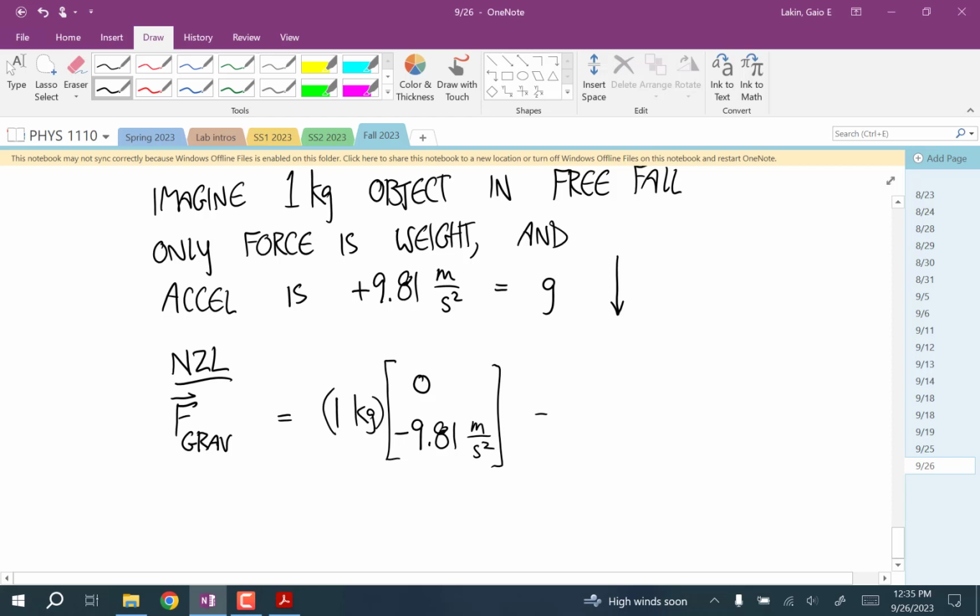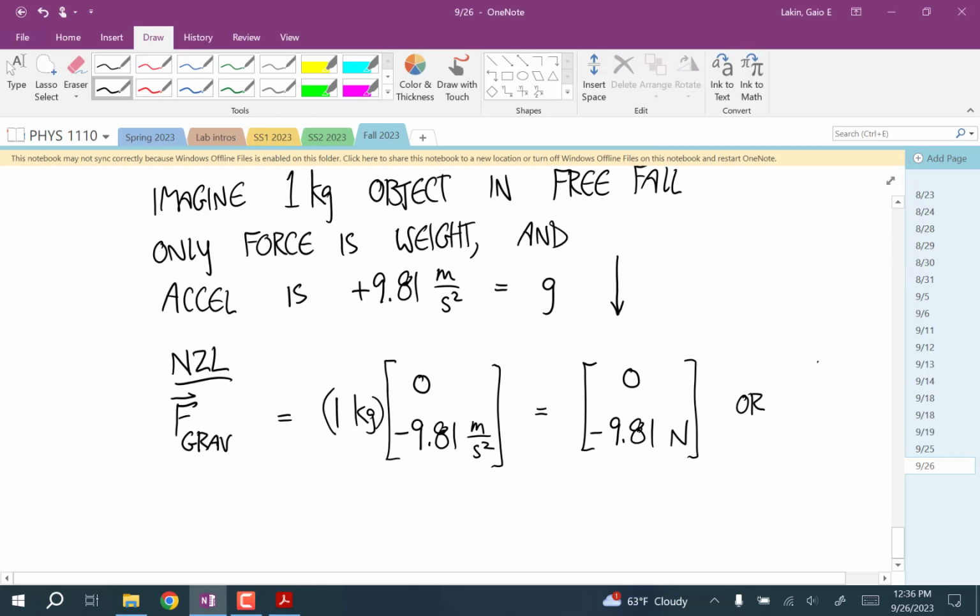If you multiply these out, 0 times 1 kilogram is 0, and 1 kilogram times negative 9.81 is negative 9.81 kilogram meters per second squared, which is what we're calling newtons. I mentioned that last time.